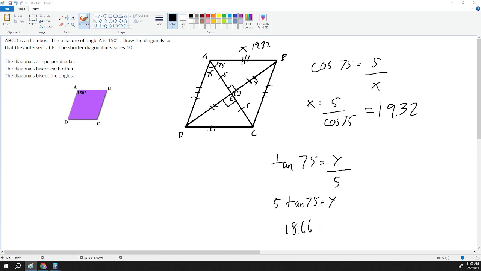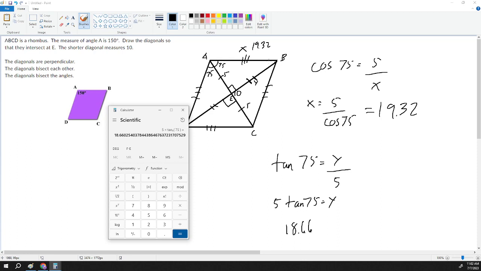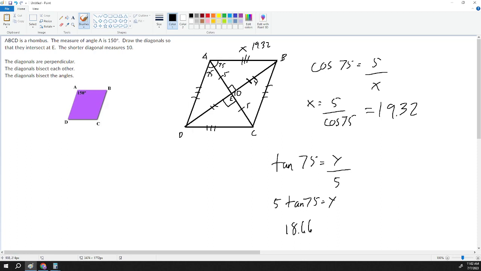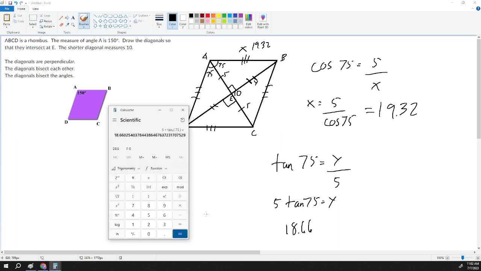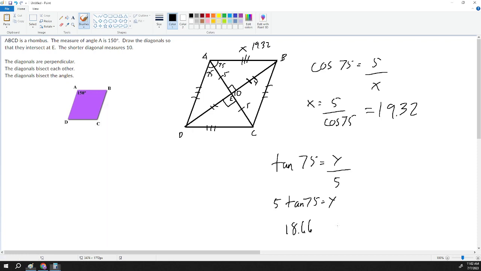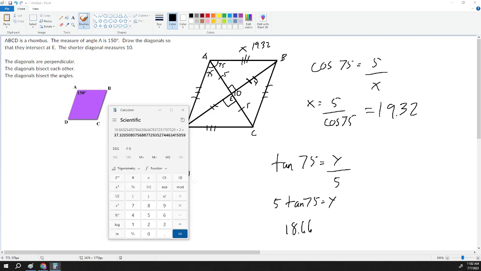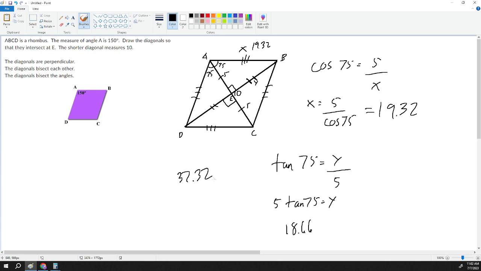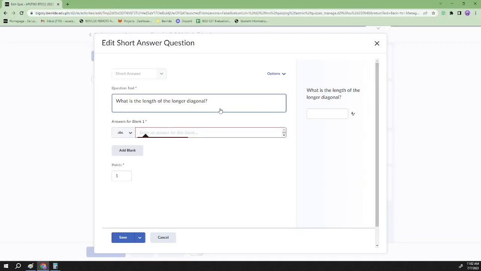But we don't end there. That is just the half of the longer diagonal. So we multiply it by 2. You get the whole diagonal is 37.32. That is the length of the longer diagonal.